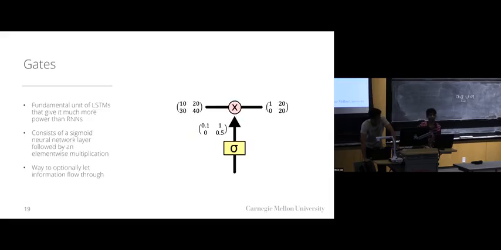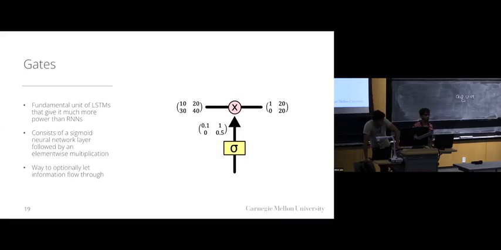So one of the fundamental units of LSTMs are gates. And essentially how that works is you have a sigmoid neural network layer over here, followed by an element-wise multiplication. So your sigmoid layer gets you values between 0 and 1.